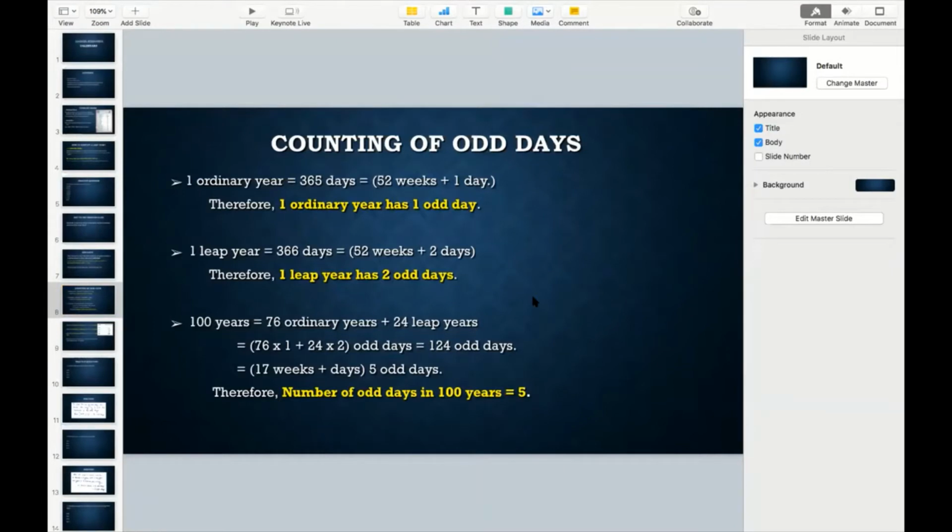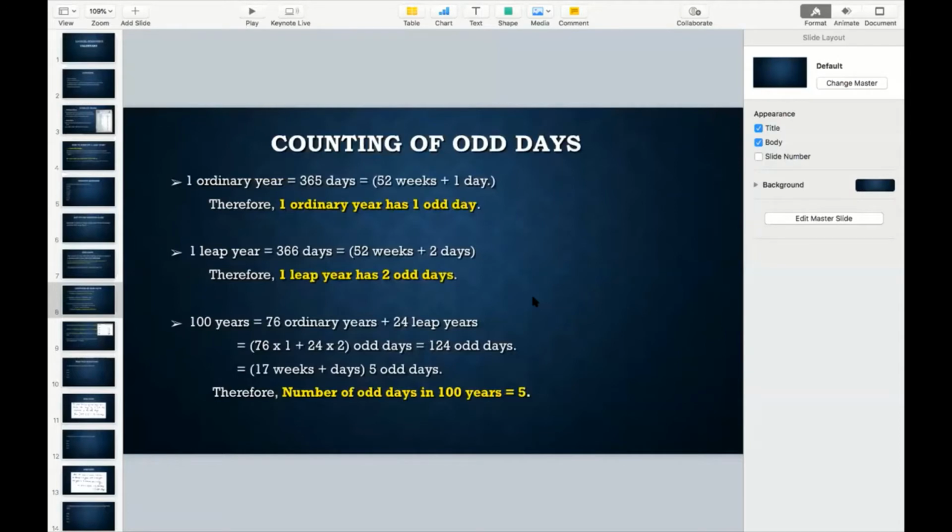One ordinary year gives one odd day and one leap year gives two odd days. So if I get some period of years, let's say 100 or 200 years, I will break it into ordinary years and leap years. In 100 years we have 24 leap years and the remaining 76 years are ordinary years.